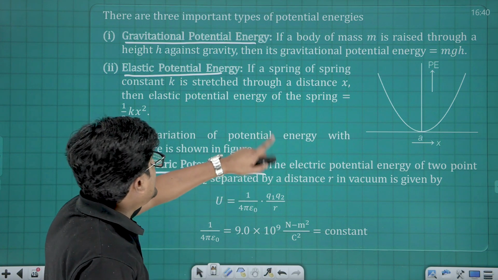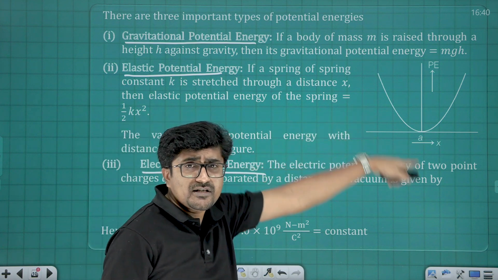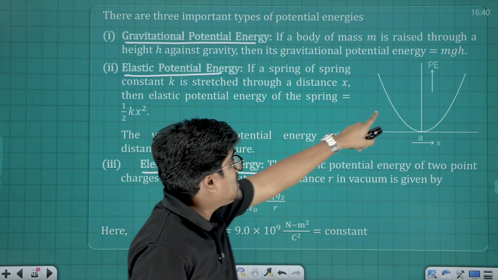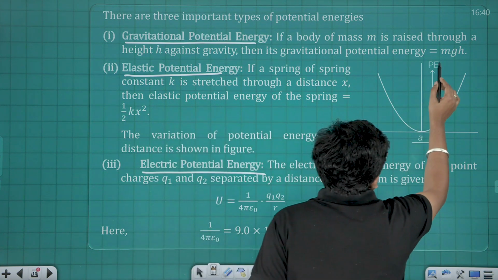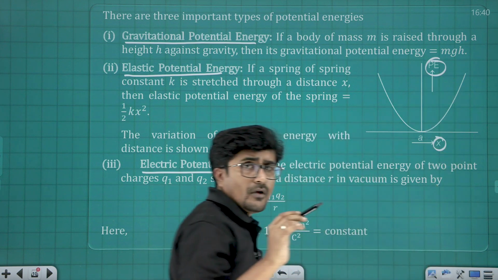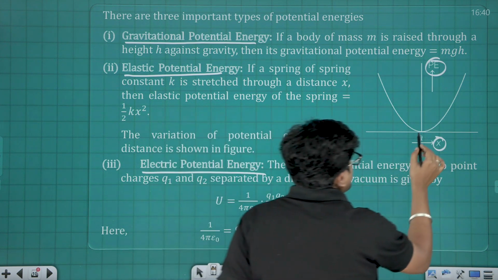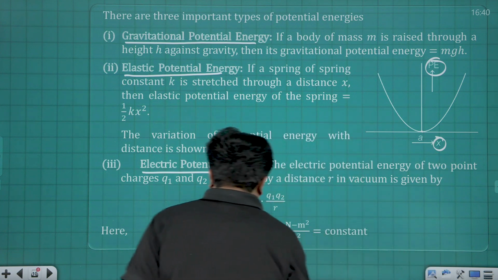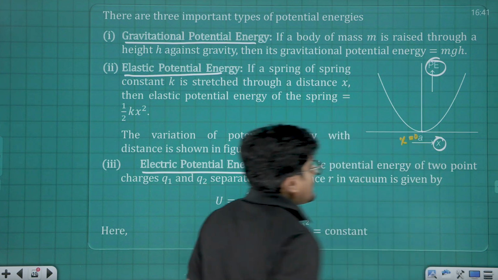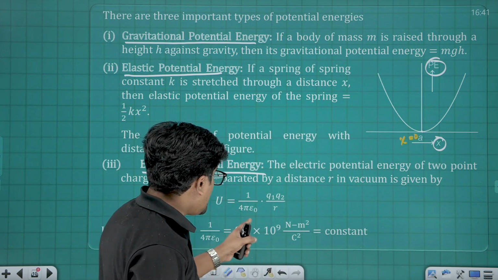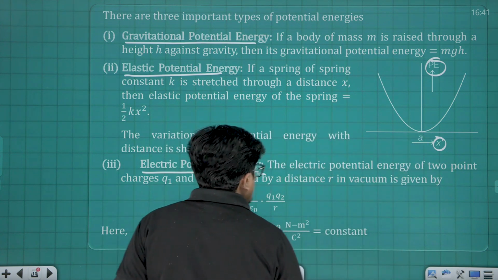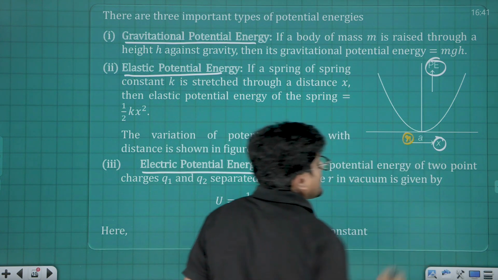And here one more piece of information is the graph of potential energy versus x relation. You can see this particular point here, where x is 0. In this case we are taking it as r, the distance of separation, small letter r.